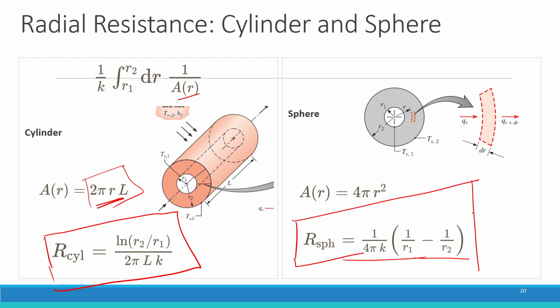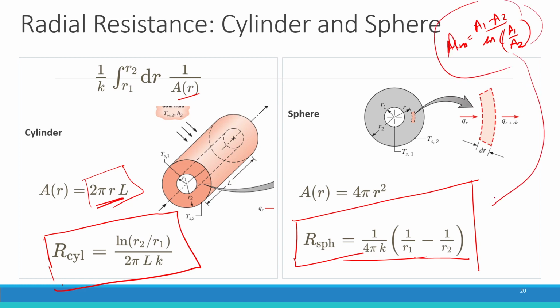Also, there is another concept of logarithmic area, that is ALM is equal to A1 minus A2 upon ln of A1 upon A2. You can use this concept also to reach the same equation.